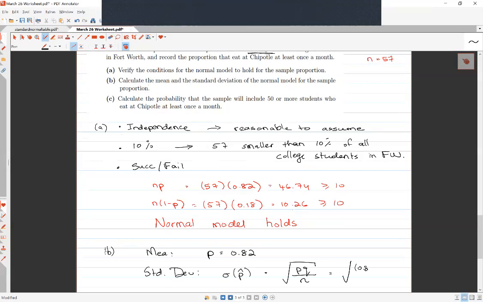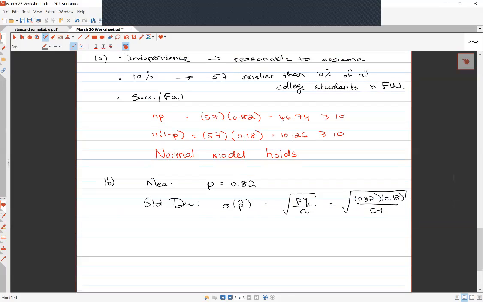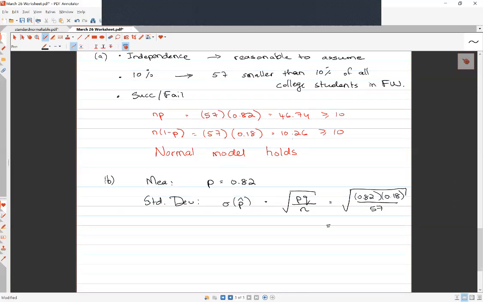So the square root of 0.82 times 0.18 divided by the sample size of 57. And if I do that calculation, I get a standard deviation of 0.051. So my normal model is centered at 0.82 with a standard deviation of 0.051.